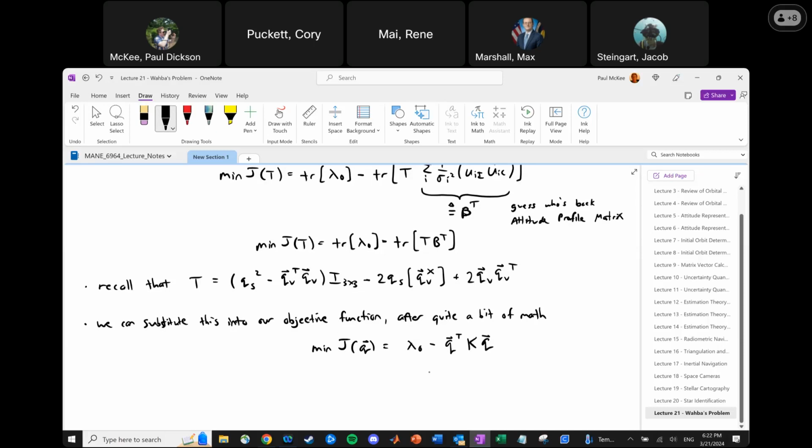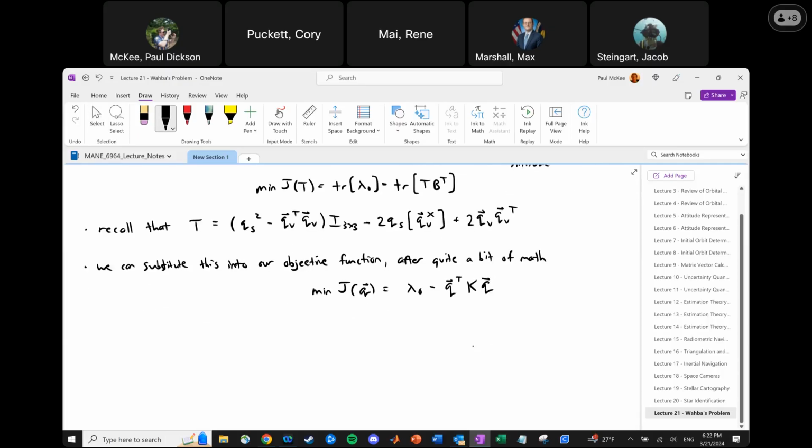Okay. Now, what is K? So K is where all the magic went, basically. When we did all this fun substitution, there's going to be some matrix K, which is a little bit complicated. K is called the Davenport matrix.